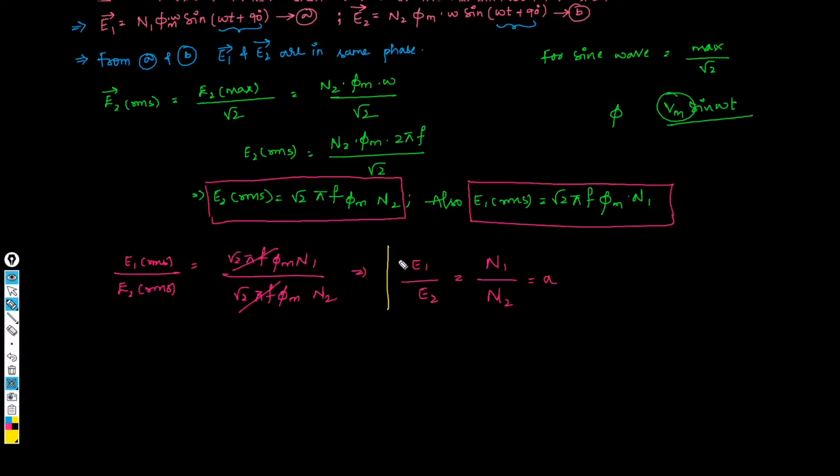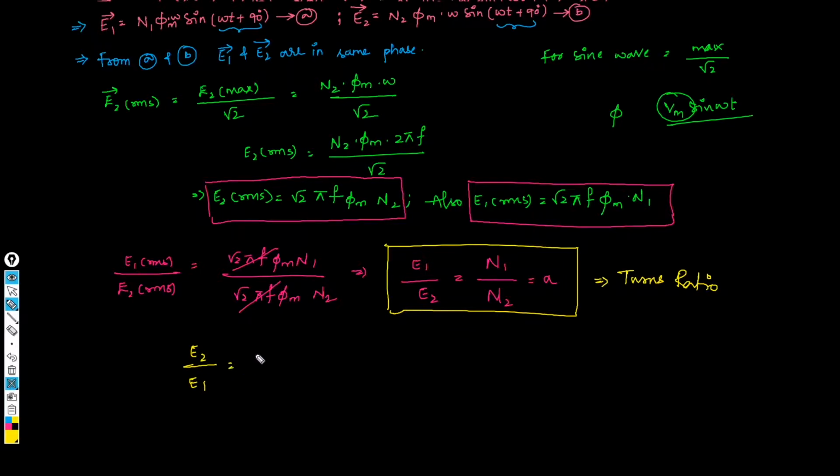In some textbooks this is also made equal to A. This is what we call the turns ratio. In some textbooks it will be written like E2 upon E1 is equal to N2 upon N1.